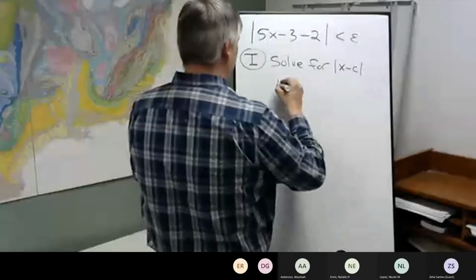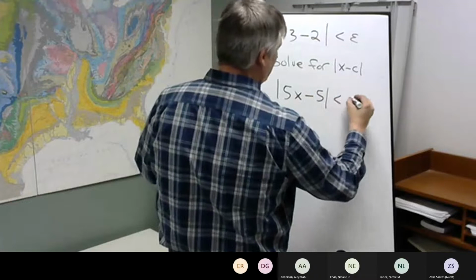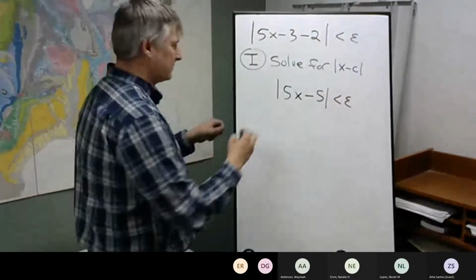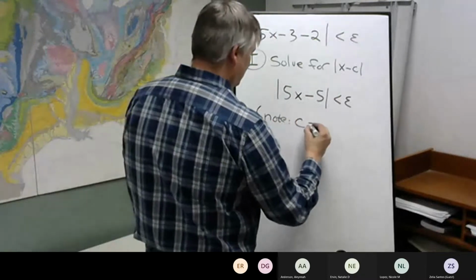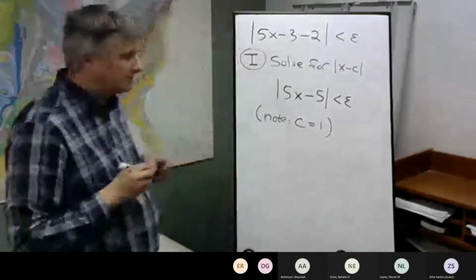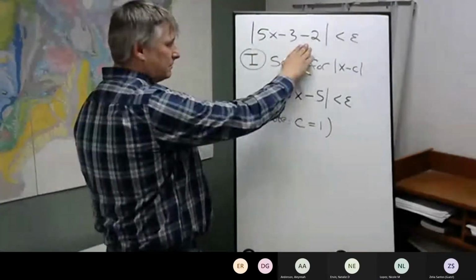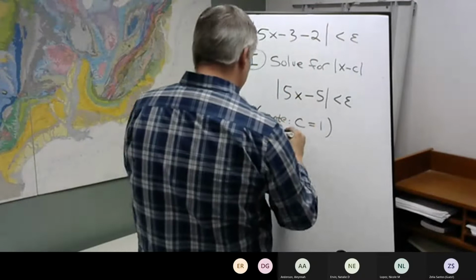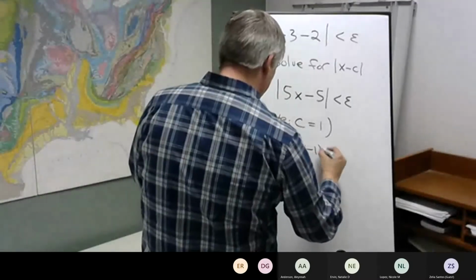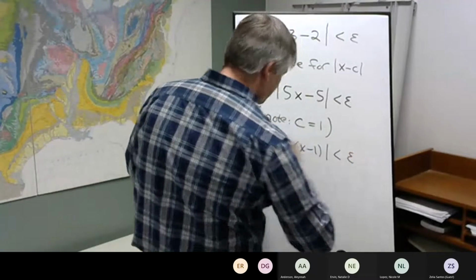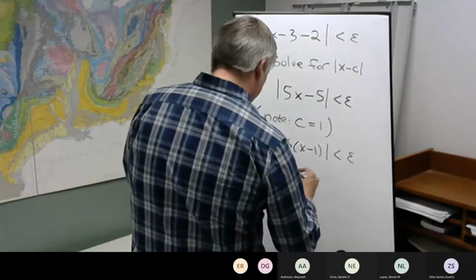Well, this will simplify down to the absolute value of 5x minus 5 less than epsilon. Now remember, c is equal to 1. So if this is true, well then this is true. And then we can factor out a 5. We can factor this out of the absolute value.